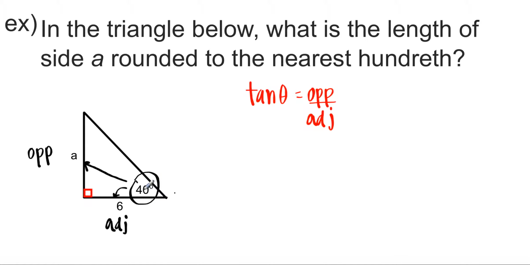Now this time I'm giving you the angle, so that goes where the theta is. So we would write this as the tangent of 40 degrees is equal to A, our unknown, over the adjacent piece, 6.